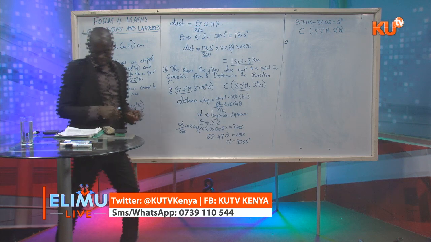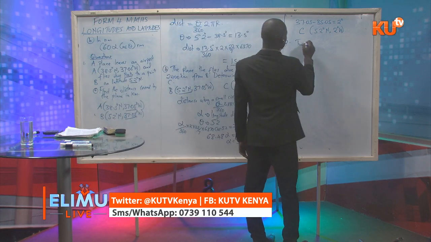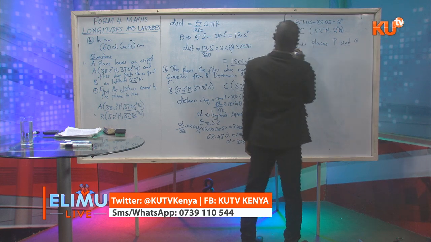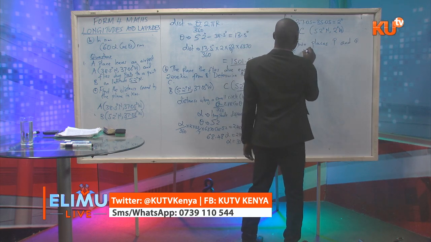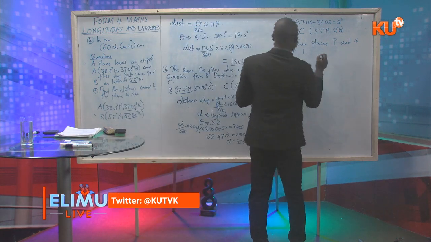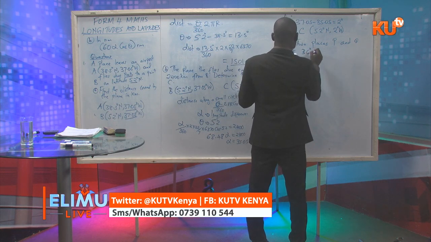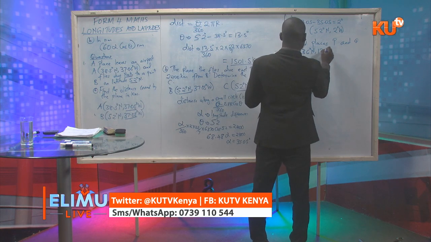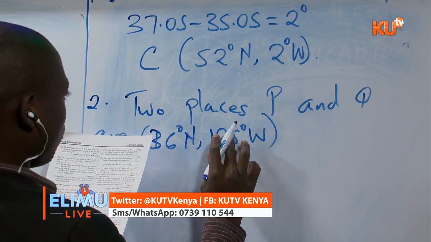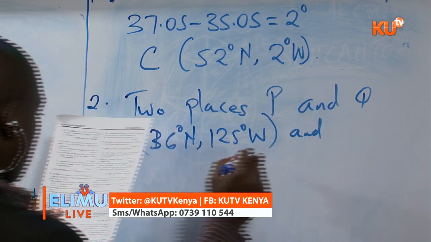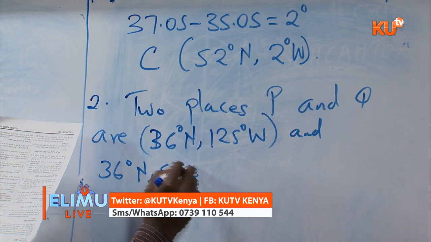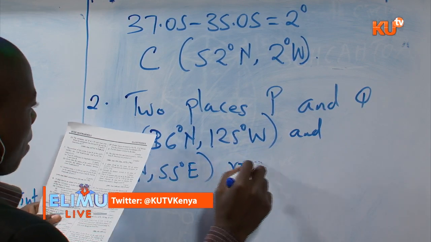We have this question as our question number 2. The two places, P and Q, are located at 36 degrees north, 125 degrees west, and 36 degrees north, 55 degrees east, respectively.